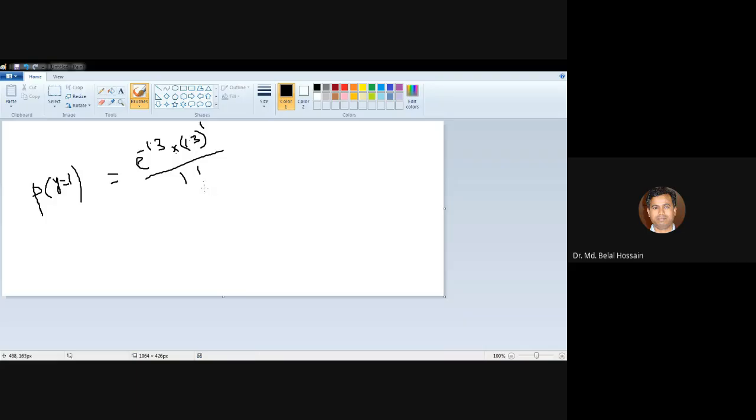So 1 factorial, okay? If you find the values from the calculator, it is actually the values of it.